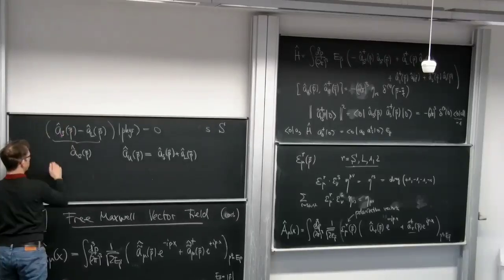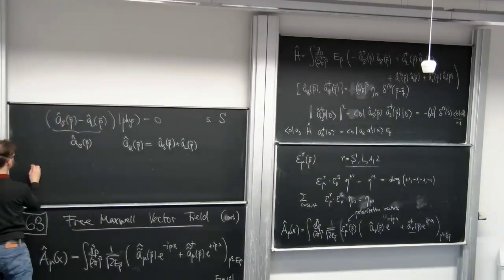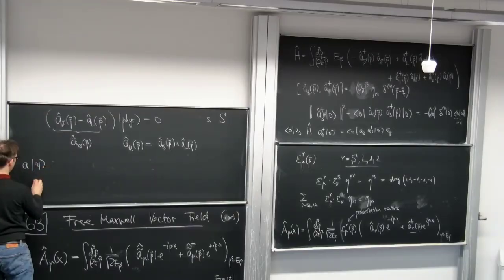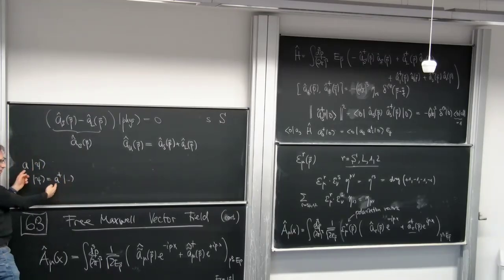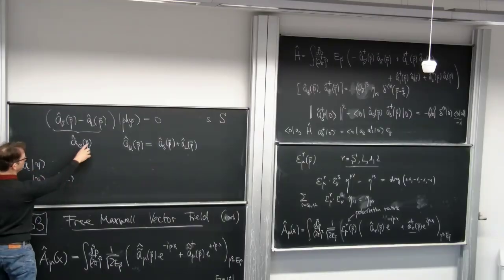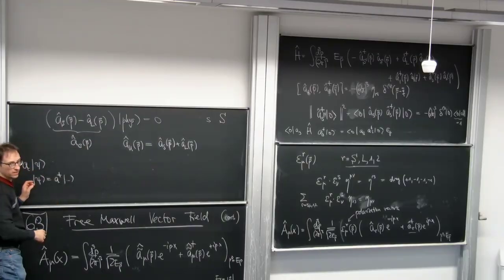Usually you would say, if A is supposed to kill your state, then better not have any A's in psi, because this isn't going to kill it if there's some excitation. So if this is a G, you would have thought you can't have any G excitations.